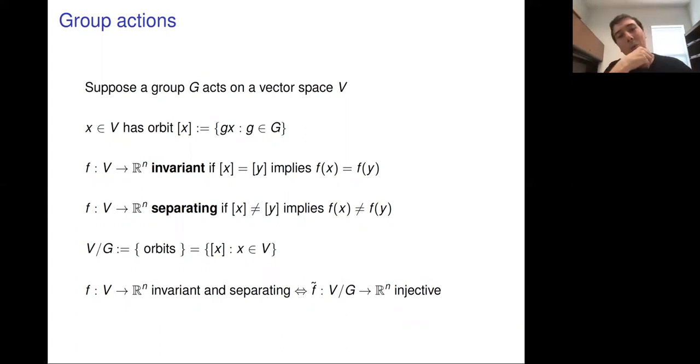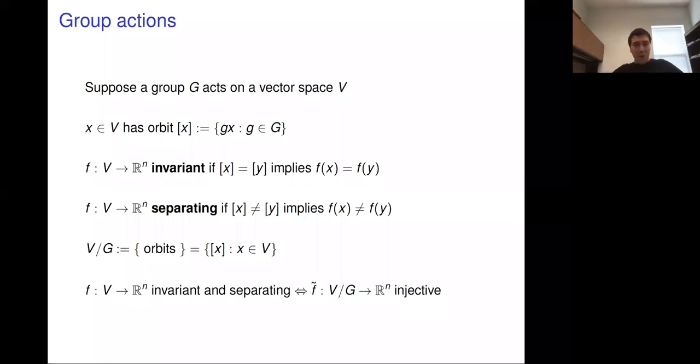We're going to denote the space of orbits by V mod G. That just means you mod out by this group action and you identify each vector in V with its orbit under this action.